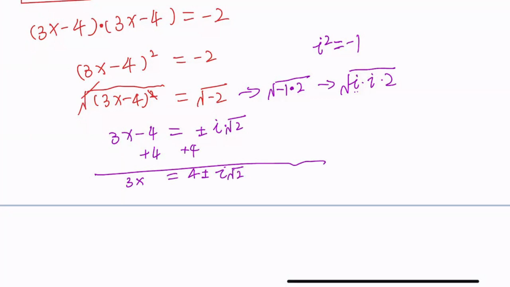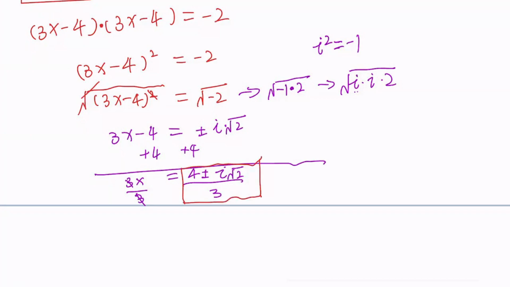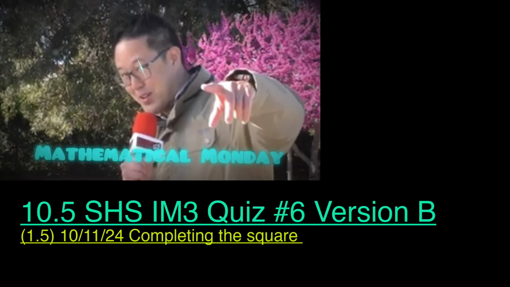And then you divide 3 on both sides. And this is the answer. You can just box it. So just box this answer. So the answer is 4 plus or minus i times square root of 2, over 3. That's all for today, Rebels. Have a mathematical Monday.